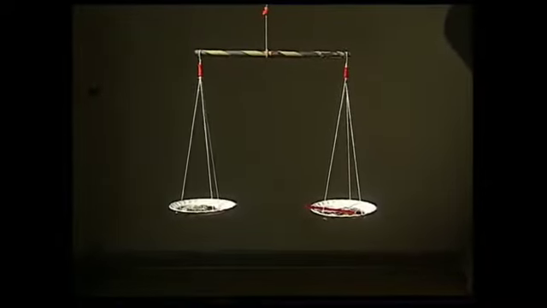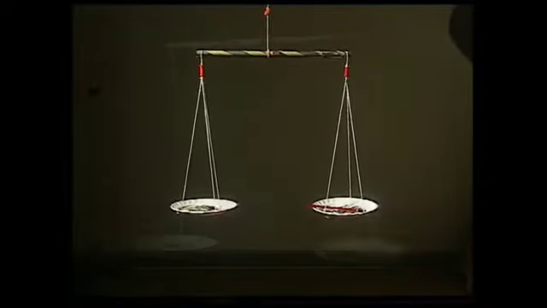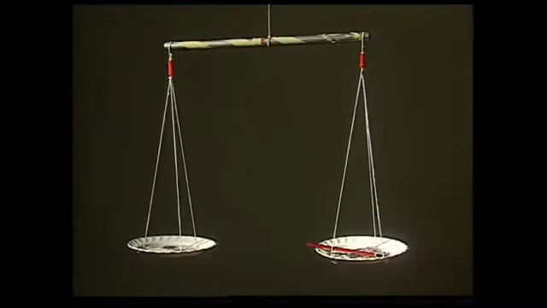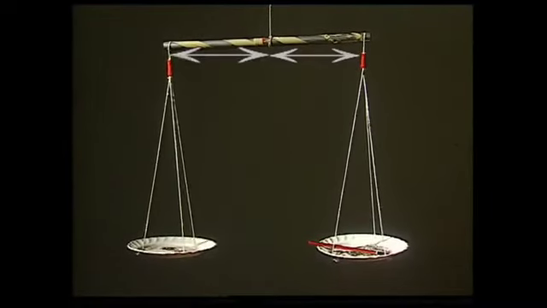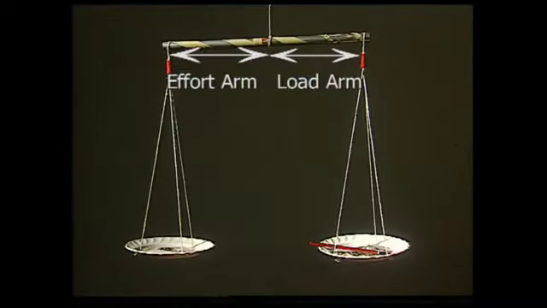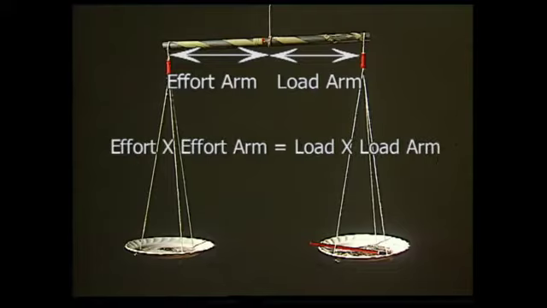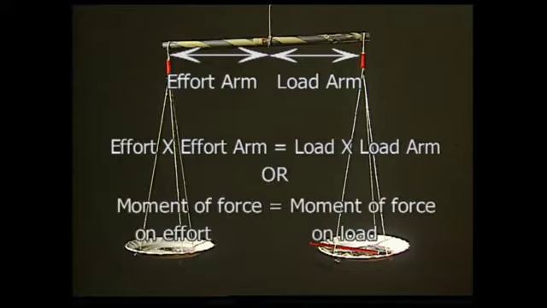Is there any other way of restoring the balance? What we have established is that the arms of the lever also have a role to play. The balance is restored when the moments of the force are equal.